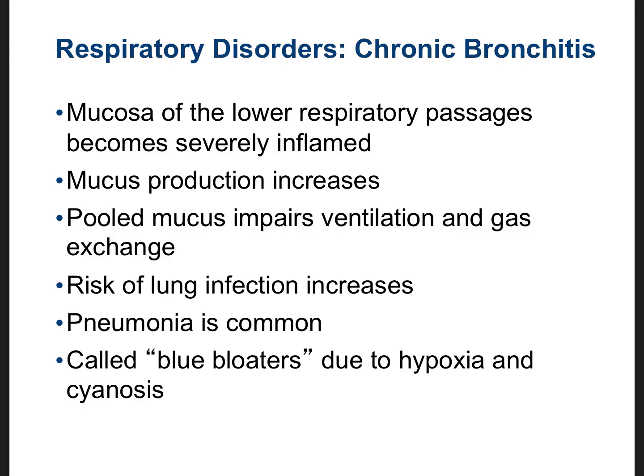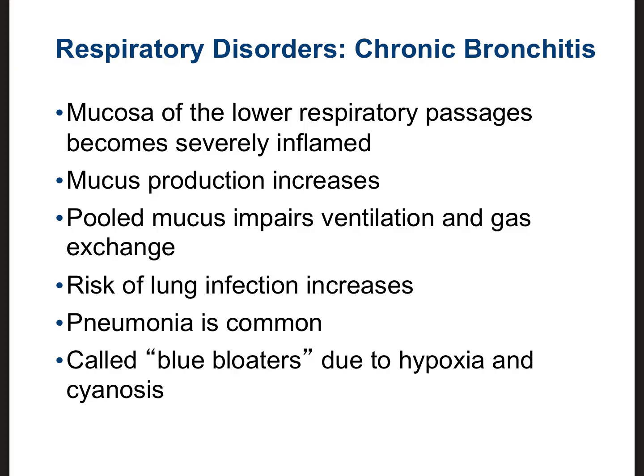So let's look at two of them. One is chronic bronchitis. Bronchitis is what? Inflammation of the bronchi, so the larger airway passages of the lungs. The mucosa of the lower respiratory tract becomes severely inflamed. So inflammation builds. What does that do for the size of the airway?